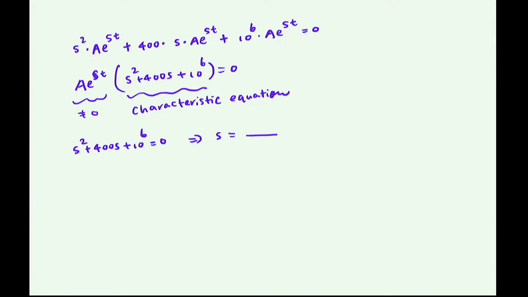Okay, s equals minus 400 plus minus the square root of 400 squared minus 4 times 10 to the 6, all divided by 2.